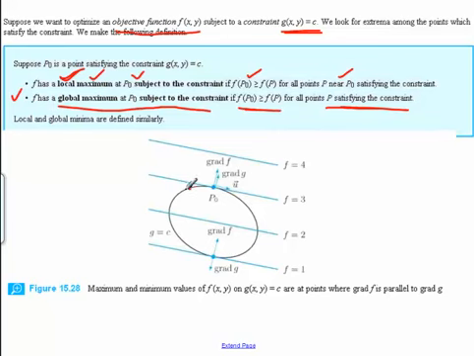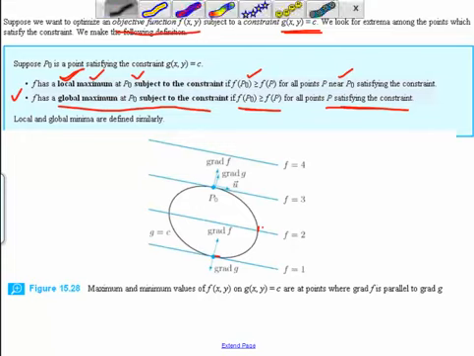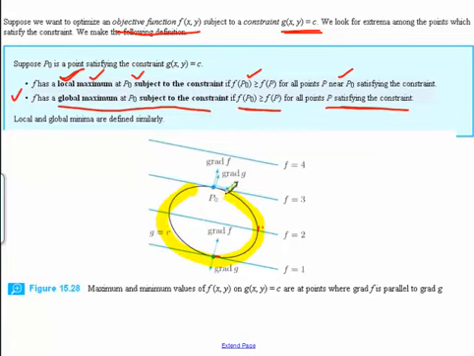And once again, graphically, what we see is that if we have our objective function here, sorry, let me restate that. This circle is our constraint, because our constraint is fixed. So here's our constraint.